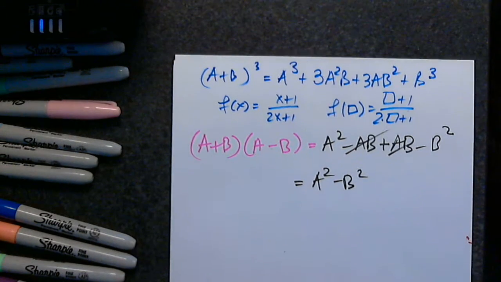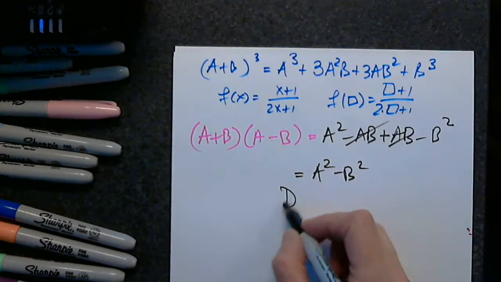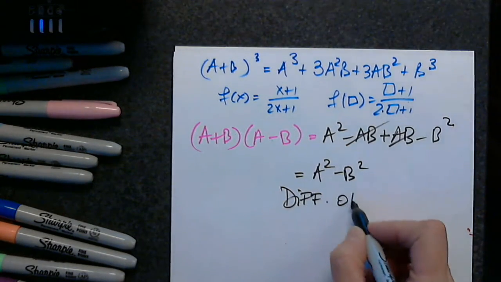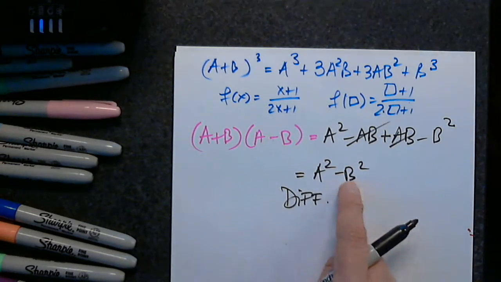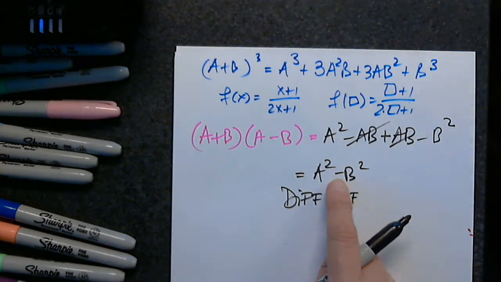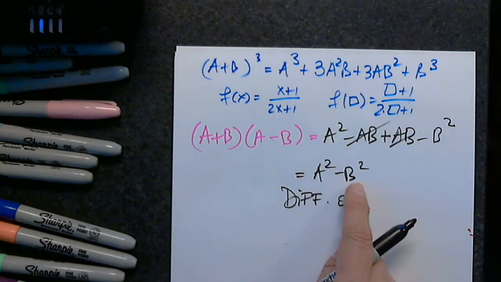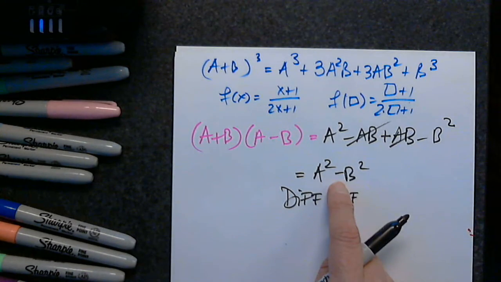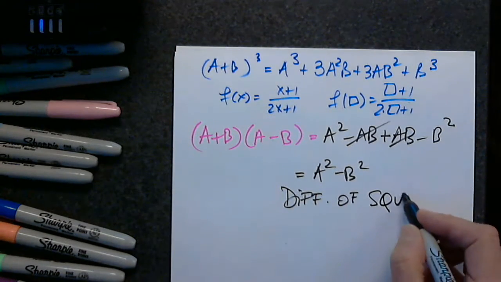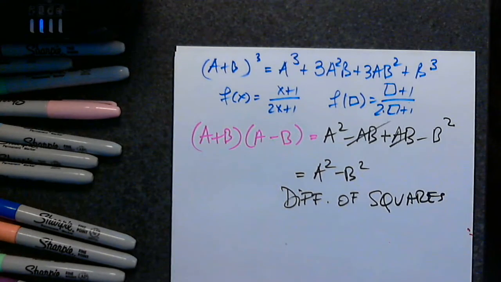Very good. This formula has a name. It's called the difference of what do you think? Difference of squares. This formula is called the difference of squares.